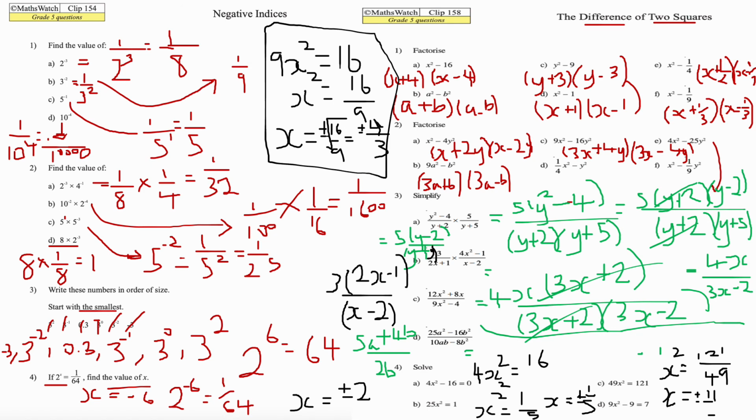But of course, I can't do this if I have an extra x term in my quadratic, because I can't solve that normally. I would have to factorize it or use the quadratic formula or complete the square. For those of you doing the higher tier, completing the square and the quadratic formula is how we solve a quadratic equation.